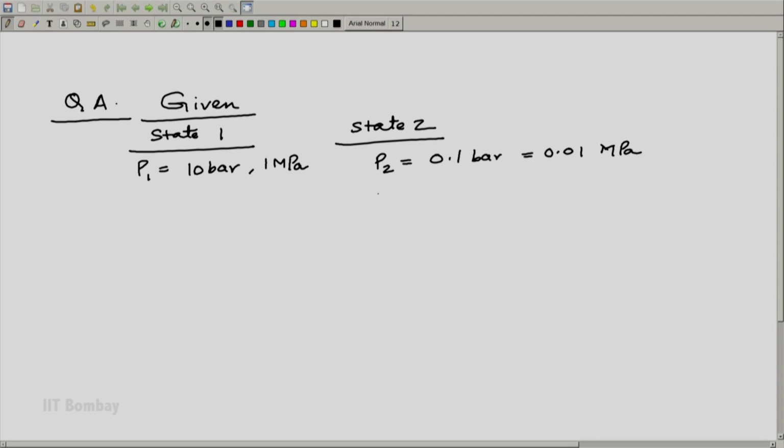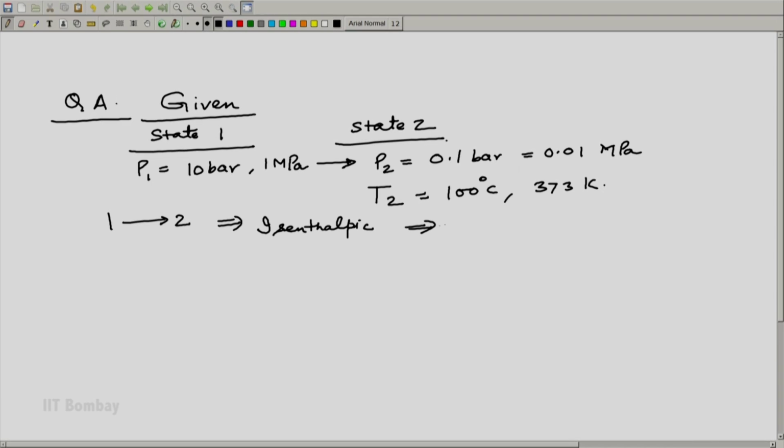Also, what has been told is the temperature after expansion, which happens from 1 to 2. So, T2 is equal to 100 degree centigrade or 373 Kelvin. We know that the process from 1 to 2 is an isenthalpic throttling process, which means that H1 is equal to H2.